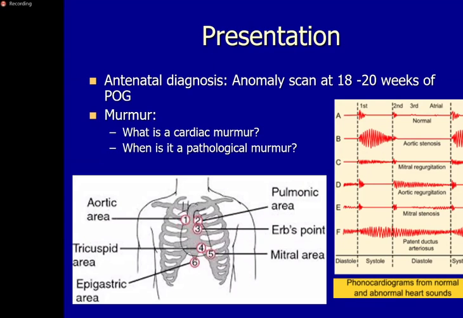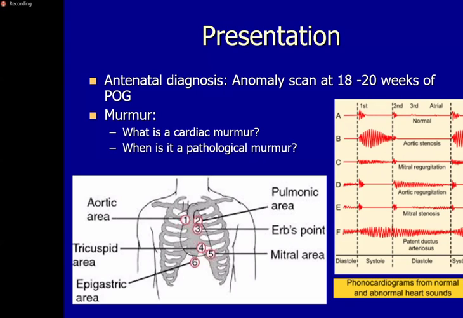Then the other thing is what we hear as murmurs. A murmur means a turbulent flow that would generate a noise, heard due to a lesion which is within or in the close vicinity of the heart. A pathological murmur is when there is some underlying pathology, because there could sometimes be normal murmurs also, what we call non-pathological or benign murmurs.